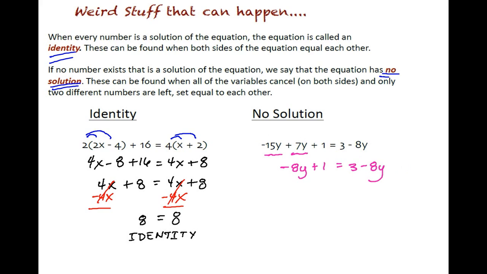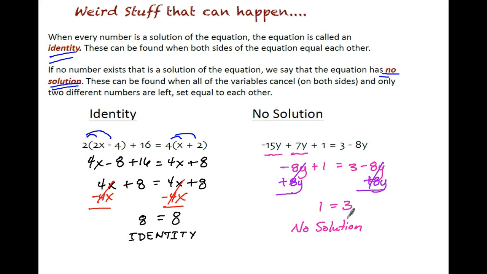Well, they're both negative 8y, so it doesn't matter. So we're going to add 8y on both sides because it won't matter. Again, the y's are going to cancel on both sides. So we end up with 1 equal to 3. When the numbers are different, that means it's called no solution.